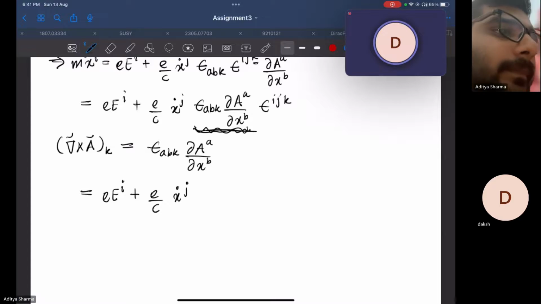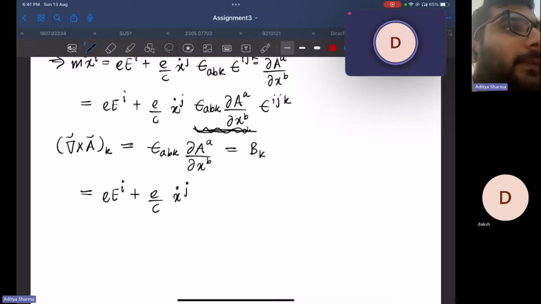The curl of A's kth component. That means that term is nothing but B_k, right? The kth component of curl of A is just B. So this is giving you the kth component of curl of A, which is B_k.